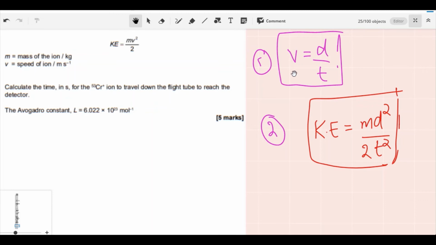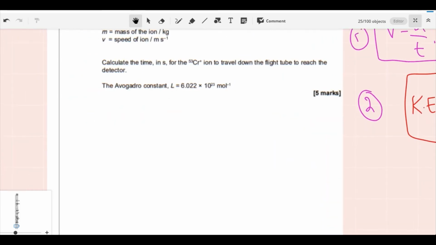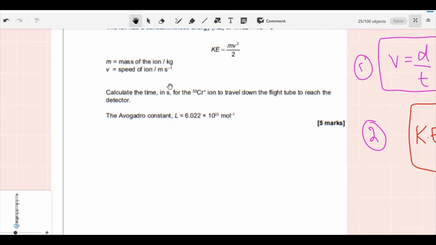First of all, you can see here velocity and here is the mass. In both cases we need to find both species, like velocity and speed, as well as the mass. First, what will be the mass here? Mass of ion per kg. So we need to find the mass of ion first.